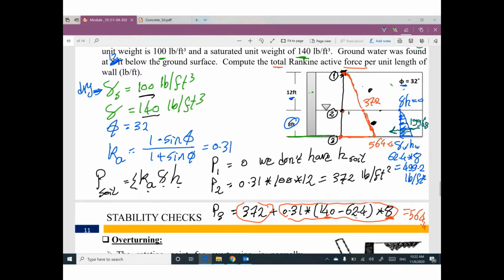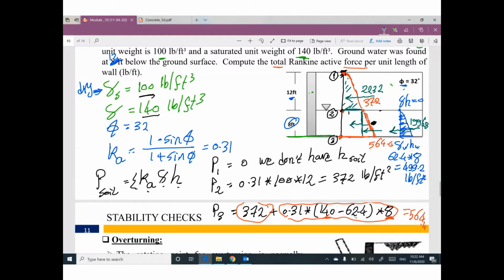We have a complicated shape here, so I will divide it into triangles so I can figure out the force. And this trapezoid, if you would like to divide it into a rectangle with a force and a little triangle with a force, that's fine. The upper triangle, the area will be 0.5 times 372 times this height 12. So this force will be 2,232.